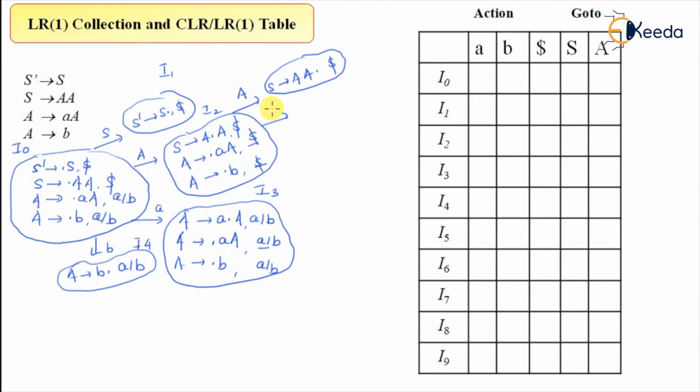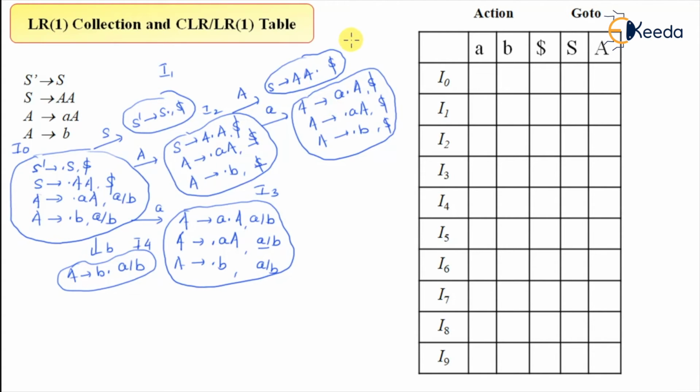On input a, here it will become A derives a dot A followed by dollar, and now I will add the productions A derives dot AA and A derives dot B. After A nothing is there, so I'll just copy the symbol dollar over here, and this will be your new state.